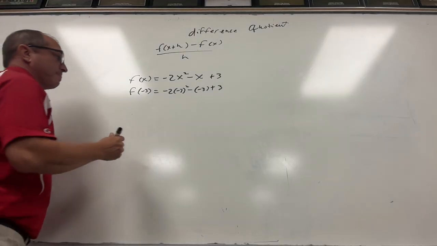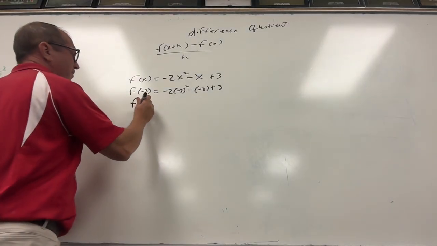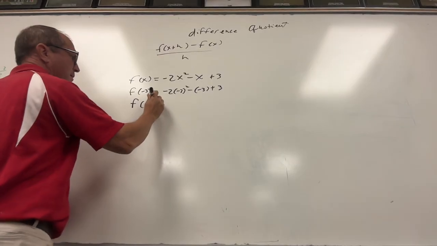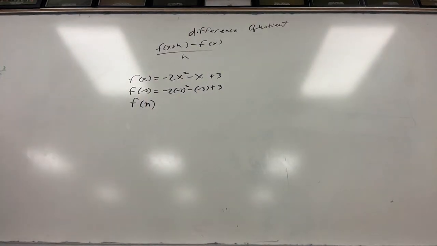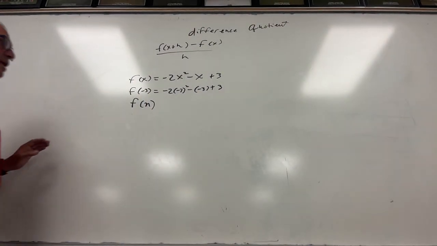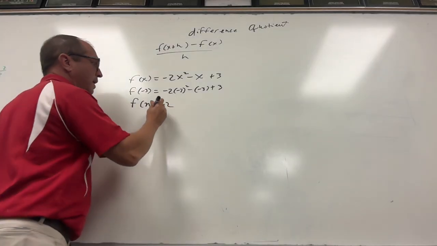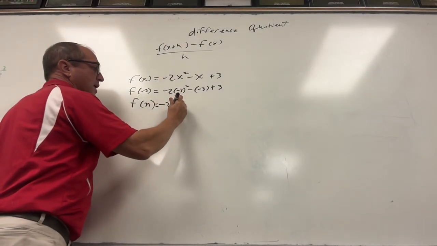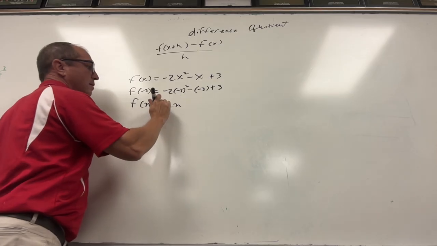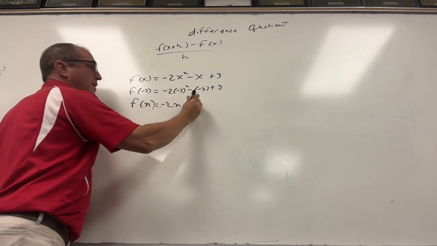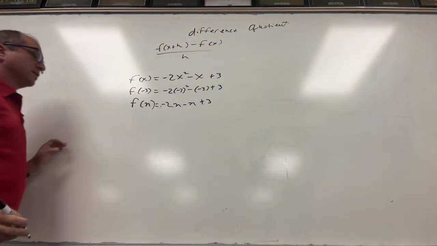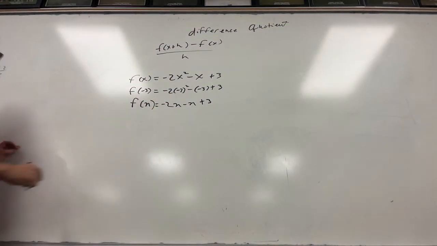But now what if I say we've got f of n? Well, f of n is negative 2 again. I'm plugging it in everywhere I have x. So it's negative 2n minus n and plus 3. So that's how you deal with f of n.